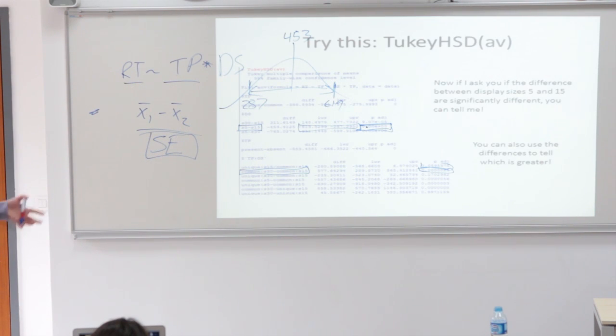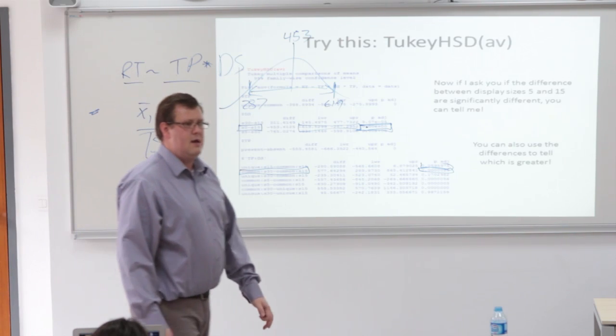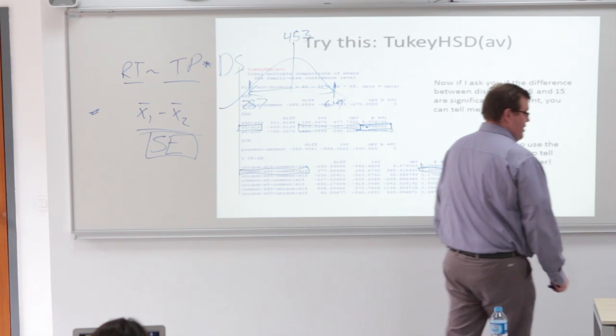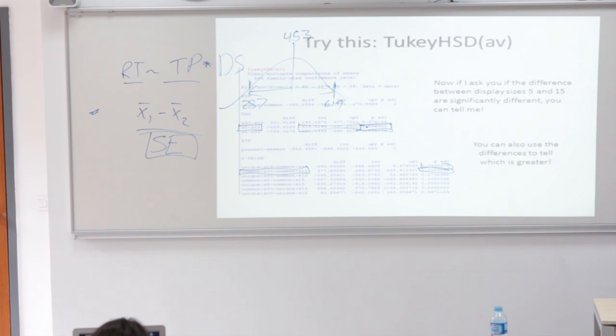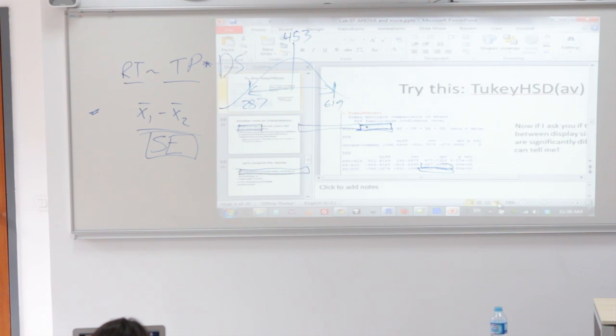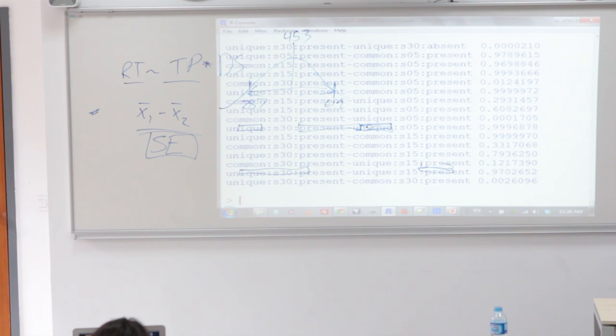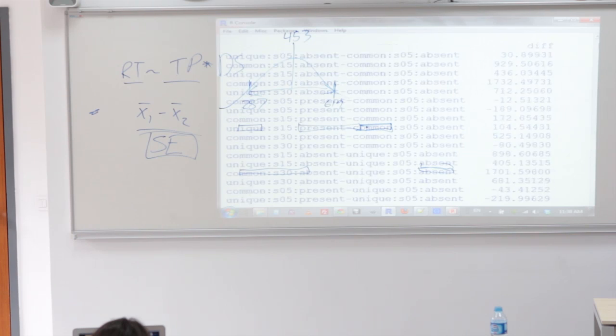Groovy. Now, by default, this gives you a 95% confidence interval. So if you want a 99% interval, what would you do? Okay, Tukey HSD, with the conf level argument.